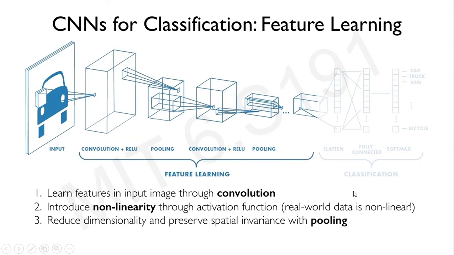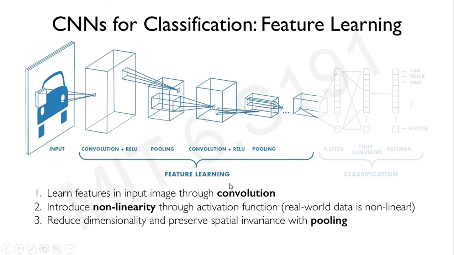So these are the three key operations in a CNN, and we are now ready to put them together to actually construct our network. The key is that we can layer these operations hierarchically, and by layering them in this way, our network can be trained to learn a hierarchy of features present in the image data. So a CNN for image classification can be broken down into two parts.